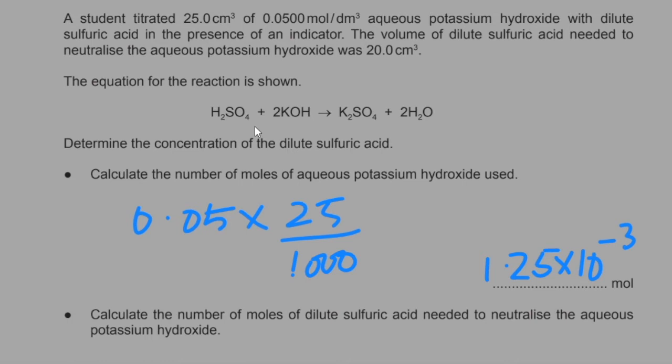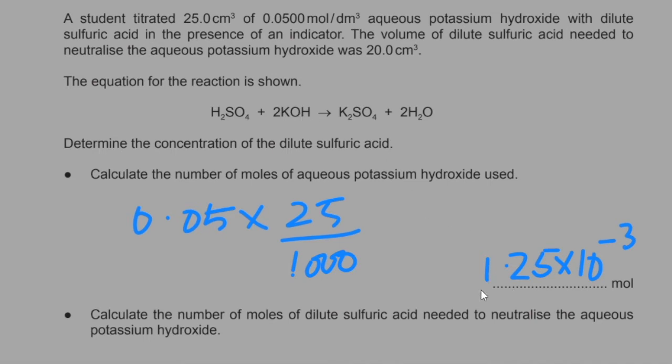So the ratio in the equation states that for every 2 moles of potassium hydroxide, you need 1 mole of sulfuric acid, that is half of the moles of acid for every 1 mole of the base, the alkali.